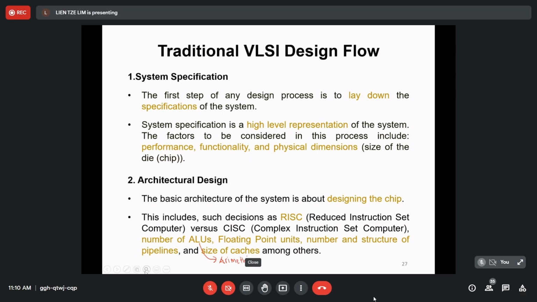Algebraic, the pronunciation, I can't remember well. Okay, arithmetic.